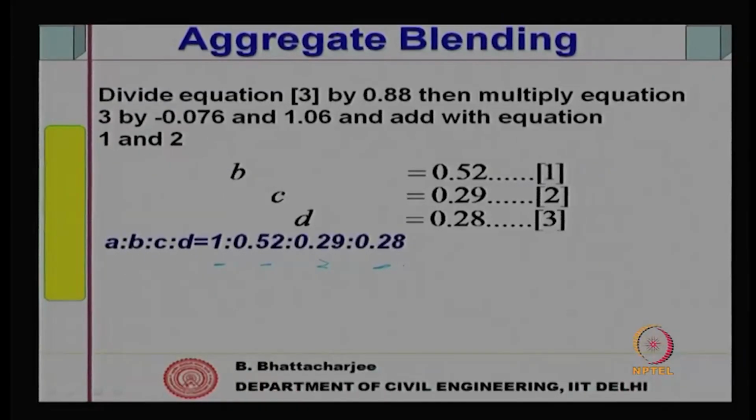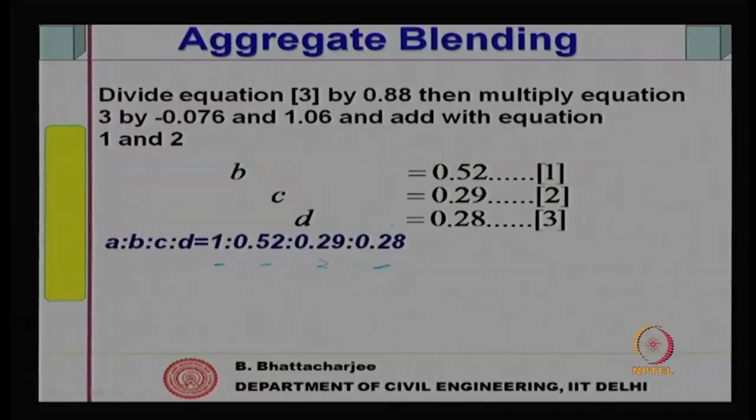So, aggregate blending can be done in this manner simply, and you will get 4 equations. One of them of course, you can assume to be 1, because you want to find the proportion of all the 4s, 4 of them or 5 of them depending upon how many aggregates you have. So, if you have 4 aggregates, what you do? You set 4 equations at 4 important points and then 4 equations, because you know the proportion of desirable grade for desirable grading and proportion in each of the grading.